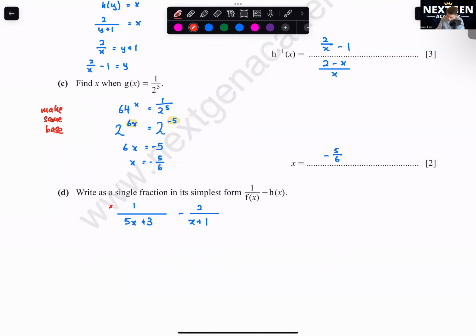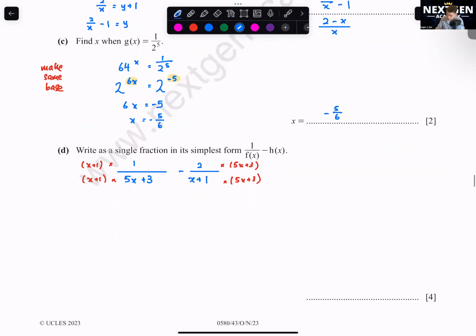Here I'm going to multiply by x plus 1 over x plus 1. This one multiply by 5x plus 3. Okay, so here it becomes x plus 1 minus 2 bracket 5x plus 3 over 5x plus 3, x plus 1.